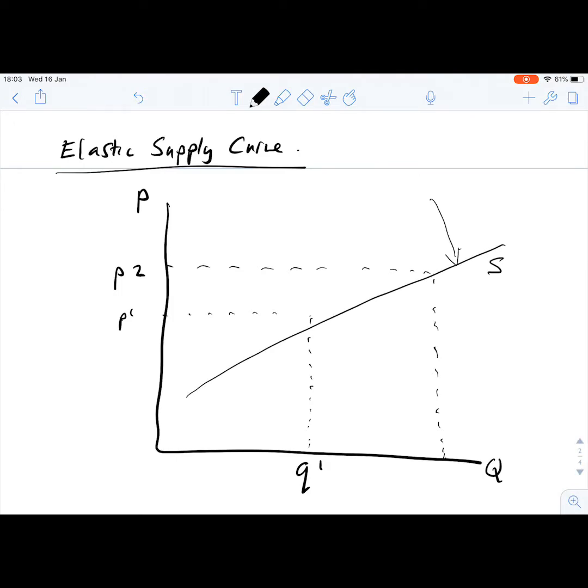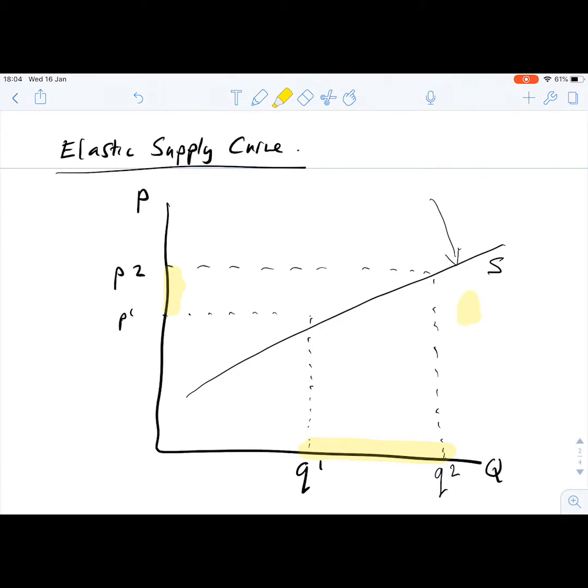Okay, so price increased from P1 to P2. And you can see Q1, and here we have Q2. So there's been an increase in price, but look how responsive. Let's get the height. There's the increase in price. Here is the increase in the quantity supplied.